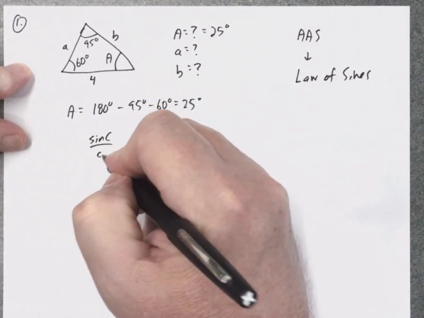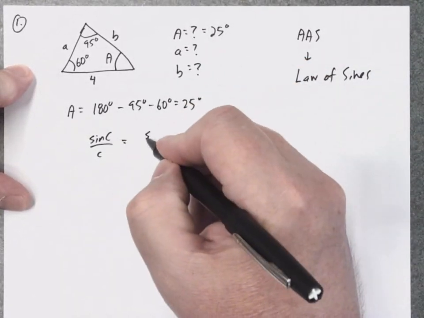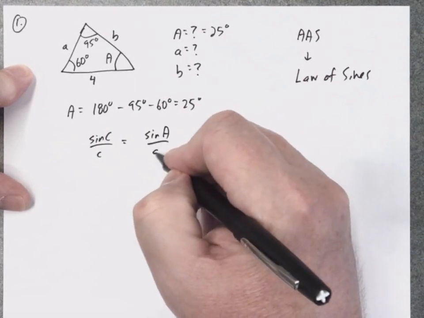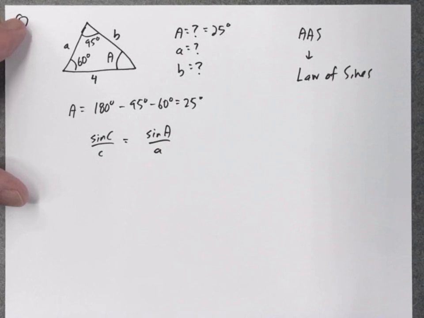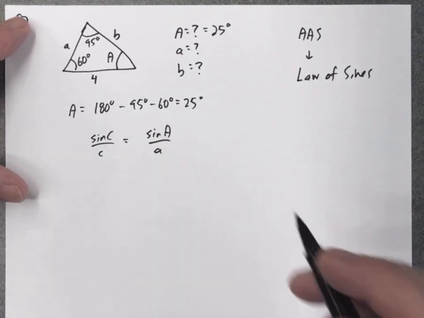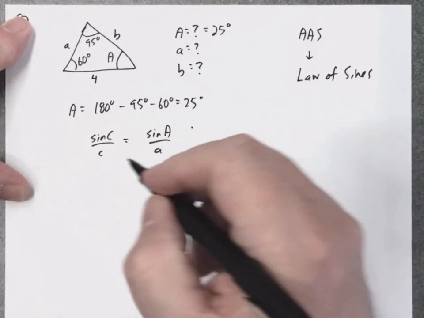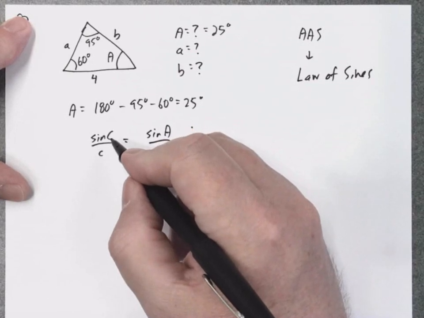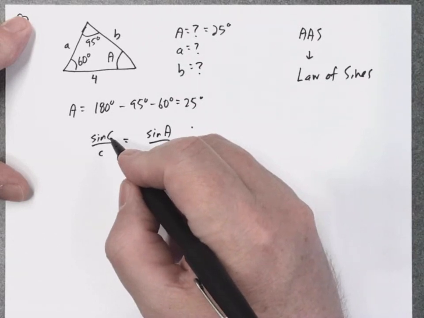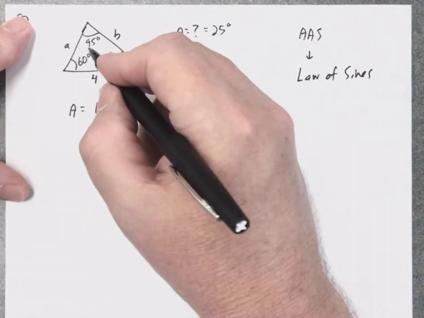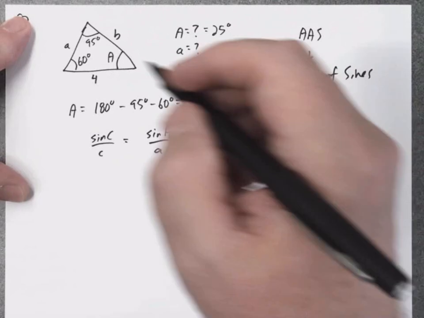So let's go ahead. Here is the law of sines from the formula sheet. There are 3 parts to it, so you have to choose which 2 parts you want to use. Since we know side C, we're going to have to use the law of sines involving side C. So let's find side A. We use law of sines between C and A. I know that angle C is 95 degrees.